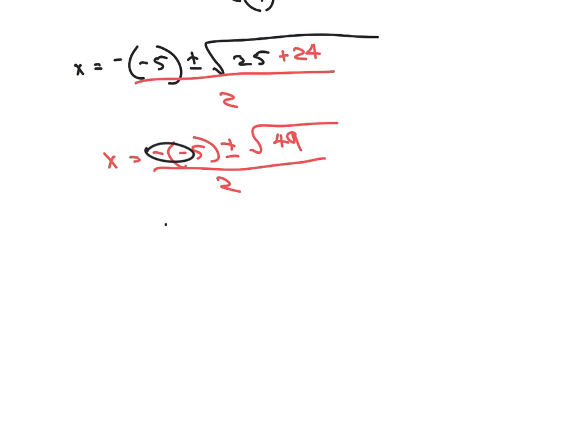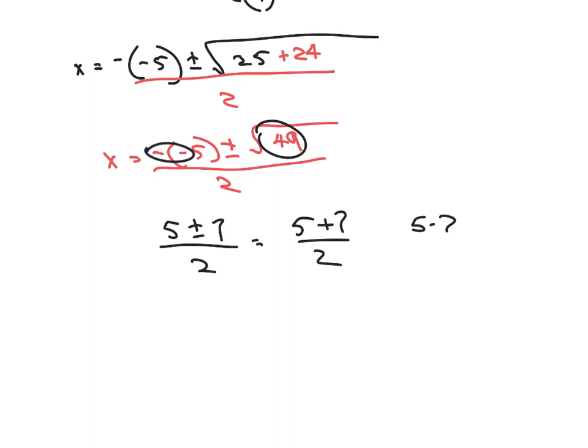And then we're going to look at this here. We know that's a 5 plus or minus square root of 49 is 7. And that's over 2. So 5 plus 7 divided by 2 and 5 minus 7 divided by 2. 5 plus 7 divided by 2 is 12 over 2, which equals 6. 5 minus 7 is negative 2 over 2, which equals negative 1.